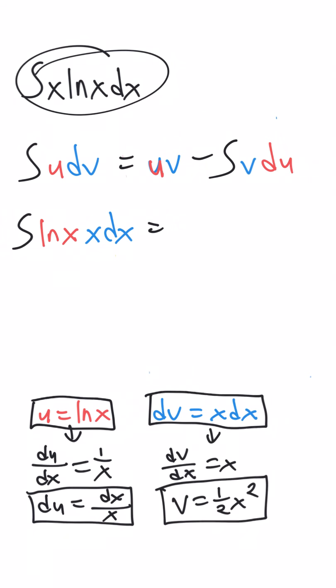Okay, we successfully got a bunch of ingredients here. Let's see if they're useful. In place of u, I need natural log of x. In place of v, I need, sorry, excuse me, let me erase that. I'm a little tired here.